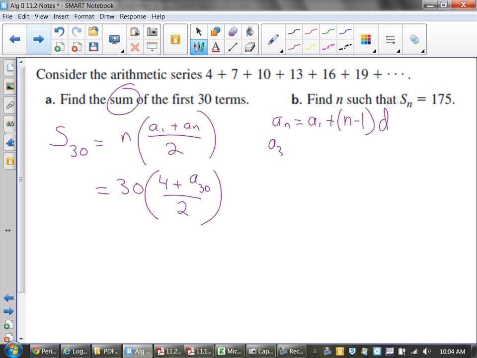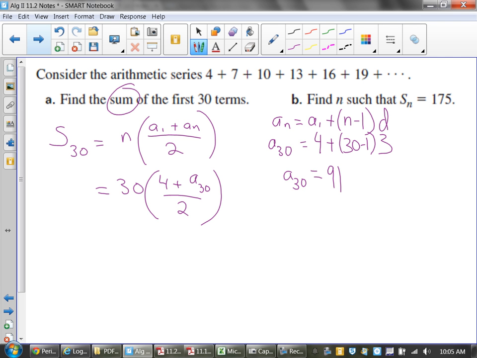So your 30th term will equal 4 plus 30 minus 1 times our difference, which was 3. 29 times 3 is 87. 87 and 4 is 91. So notice, we had to use both formulas to get to that point. So now I know that the 30th term within the series is 91.